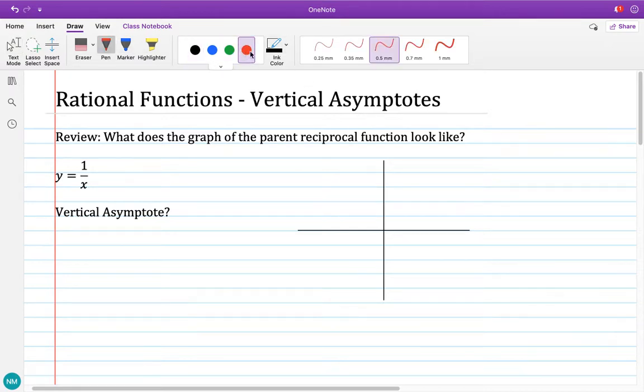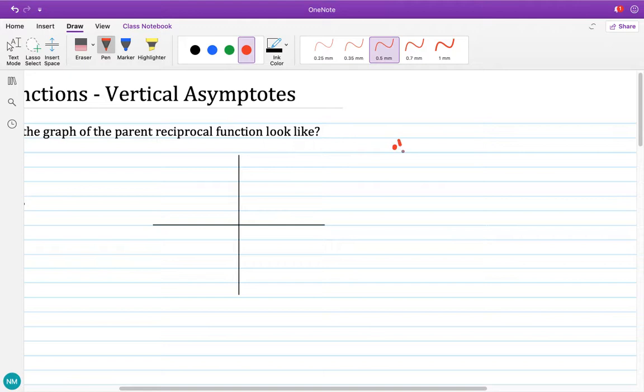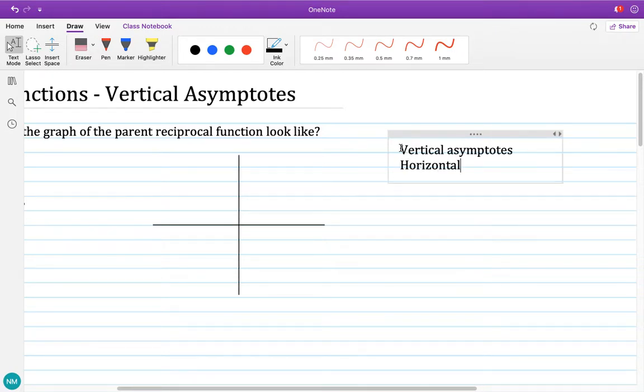So just so we know, we are going to be learning about vertical asymptotes, horizontal asymptotes, intercepts, so x and y intercepts, holes, and if time permits, oblique or slant asymptotes.